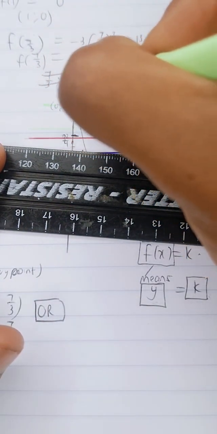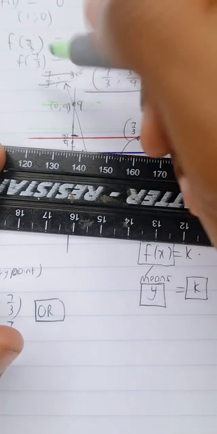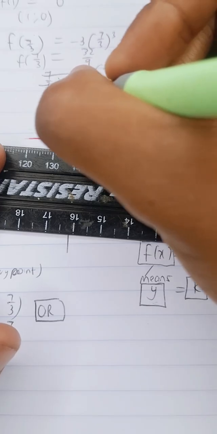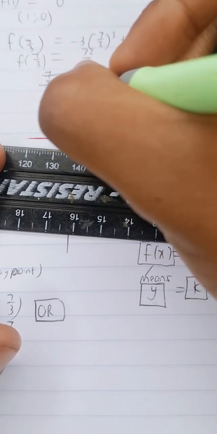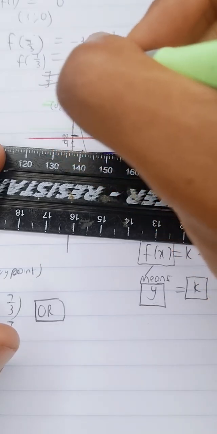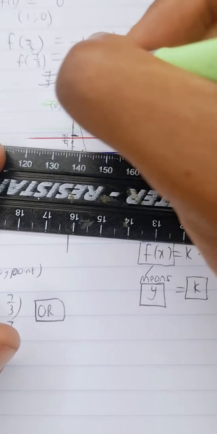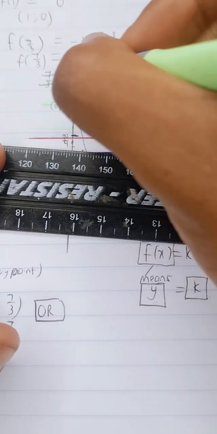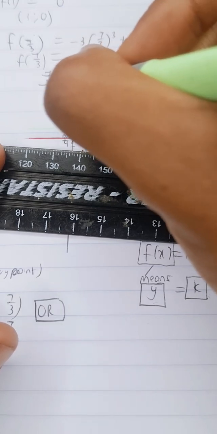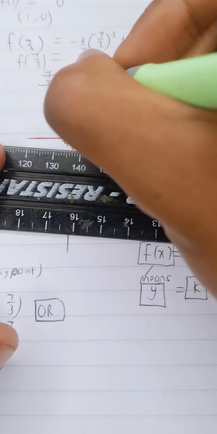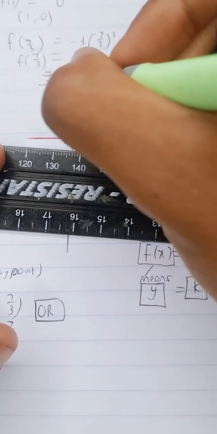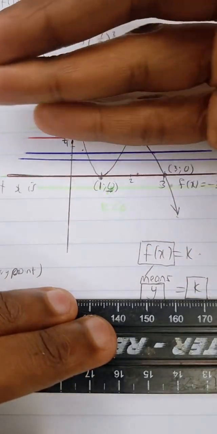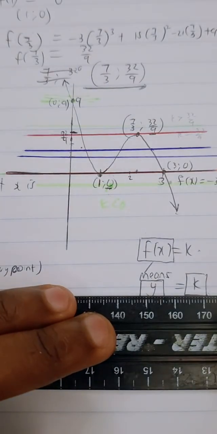The root here will be 0, but above that, k greater than 9 here, then you start having one root that is negative. So one root that is negative is found at k greater than 9.